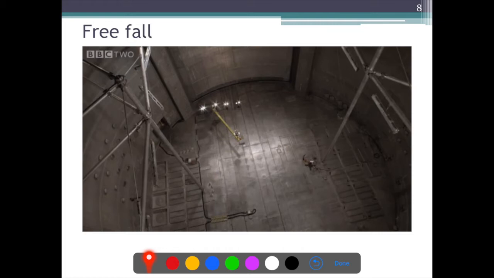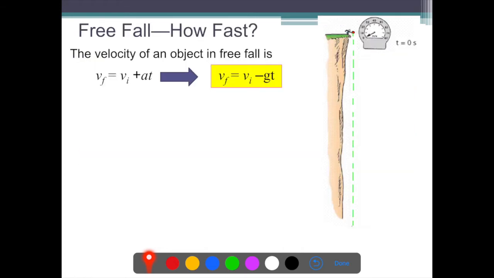So the fact that they had some acceleration, we can measure, then they have some velocity that's changing, and the velocity of the object in free fall we can calculate using this kinematic equation which we learned in the previous videos, except that under free fall, the acceleration is gravitational acceleration, and that's negative g.